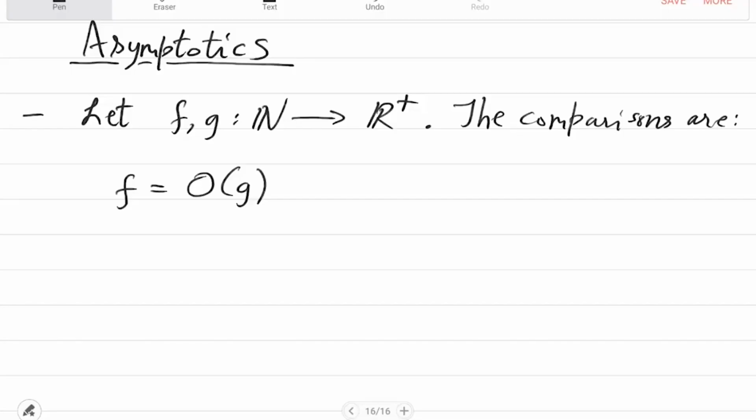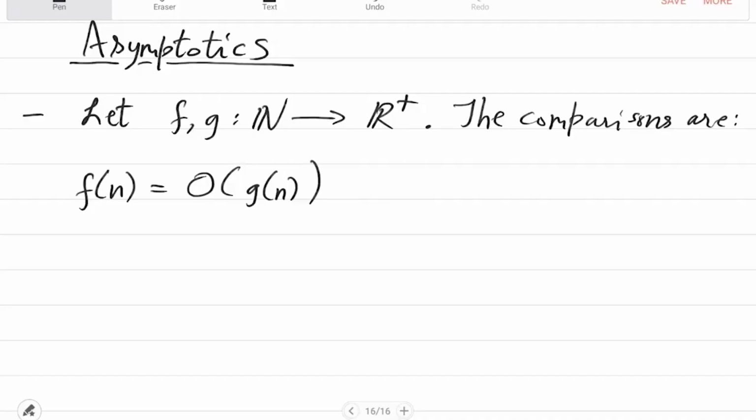So this is just saying that, remember these are functions, right? So for f, there is this implicit n sitting here, f of n, g of n. So when we say that the function f is big O of g, what is meant is that there is an absolute constant, let's say c, such that f(n) is less than or equal to c times g(n) for increasing values of n.